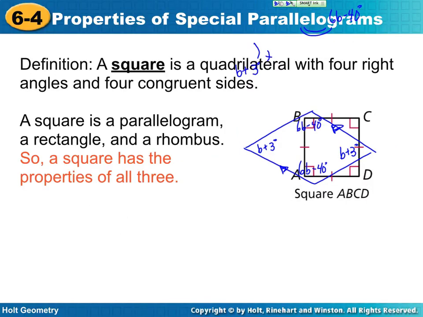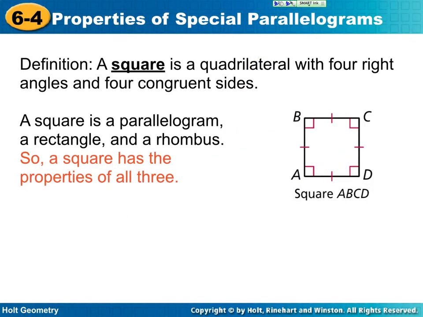Okay, square, we've talked about it a lot. We said it's really special. Definition somewhere, either on that page or turn the page. A square is, as we said, a combination of a rectangle and a rhombus. So it has 4 right angles and 4 congruent sides. So what? Still 6-4.